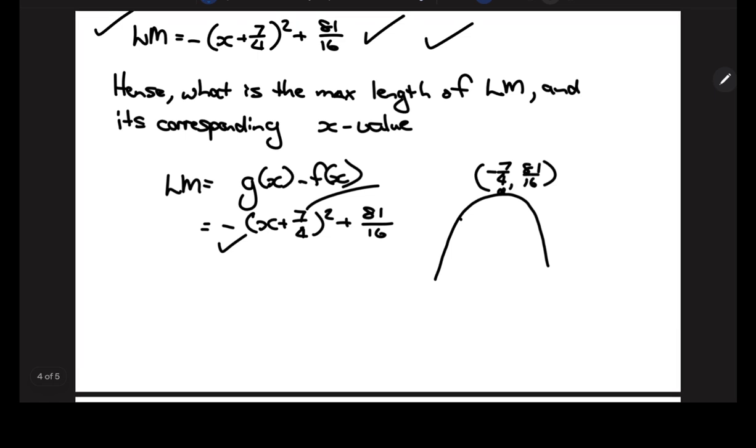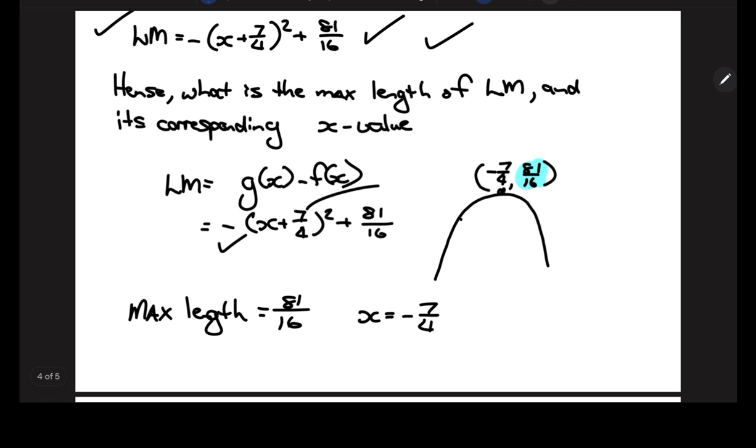Now listen to the question. What is the max length? And when they talk about max, it's all about the turning point's y value. So the max length equals 81 over 16, and the corresponding x value, negative 7 over 4. So it's actually quite easy.